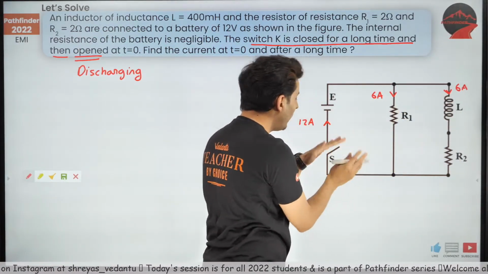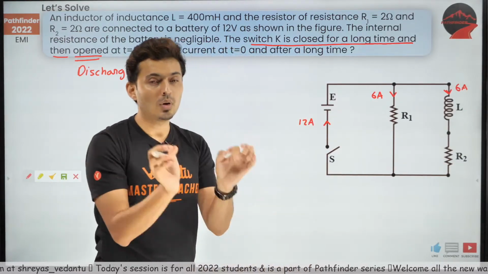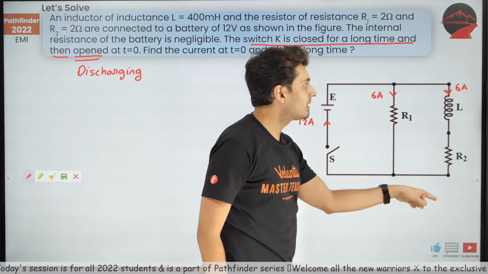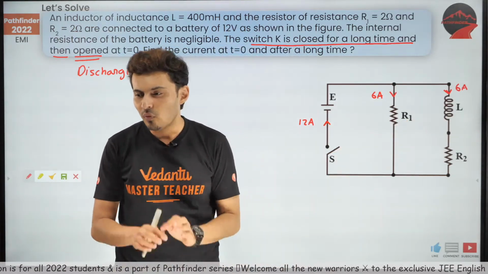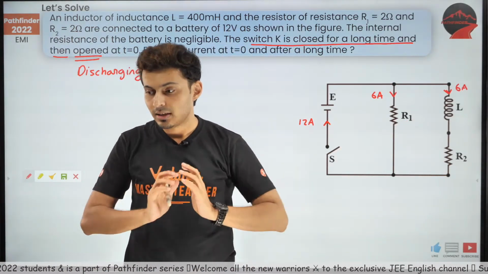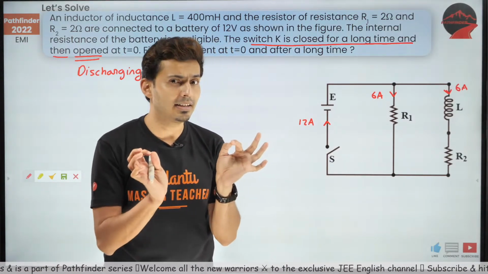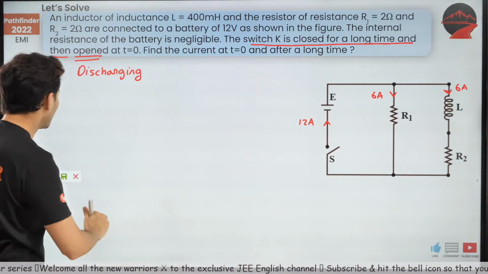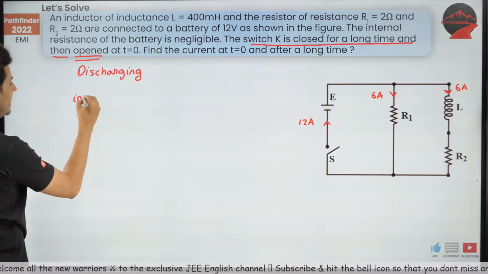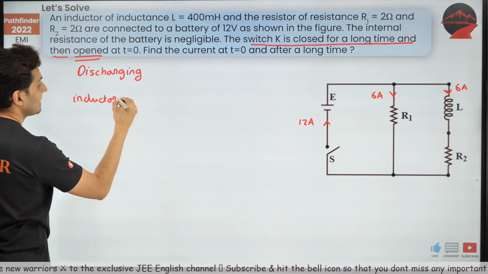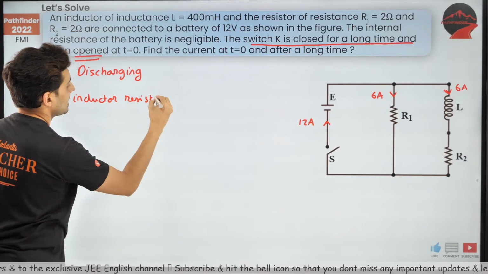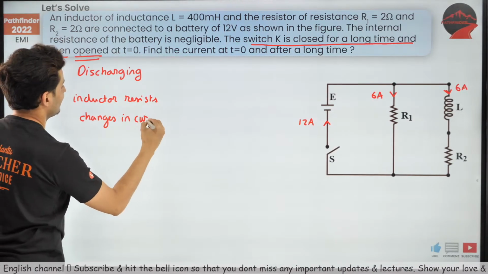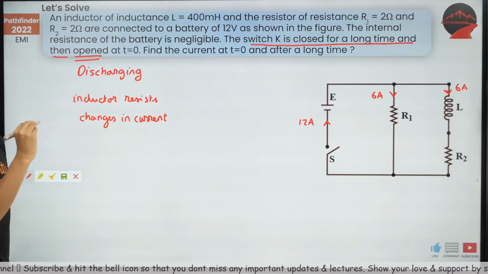Now the moment you open the switch, understand what's going to happen. There is an inductor in this branch. Does an inductor like any changes of current? Think about it. Remember, inductor resists changes in current. It does not like any kind of change in current.